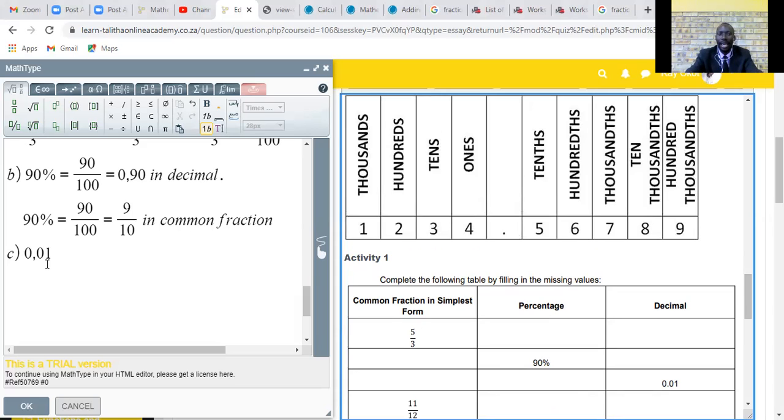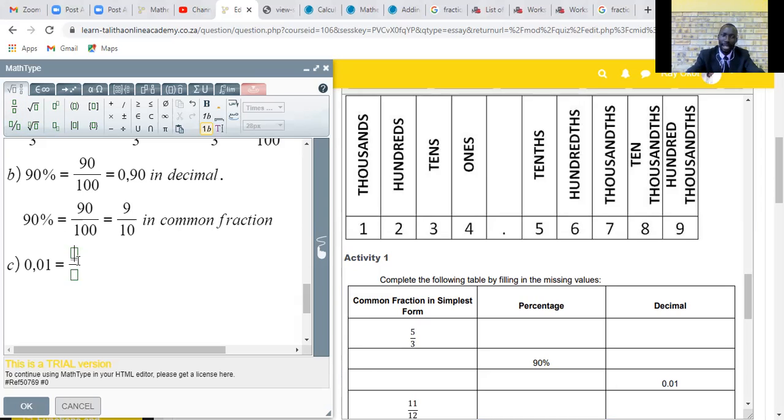This is called a hundredth. And because of that, we can write it in fraction with the 1 being the number we are talking about, and then the 100 being the denominator. This is the expression of 0.01 in fraction.